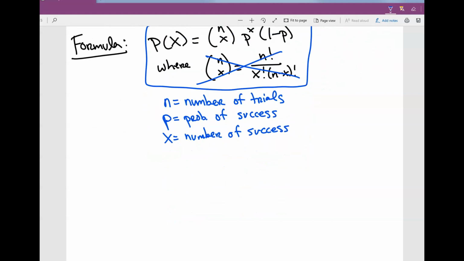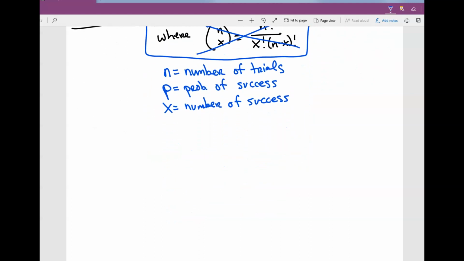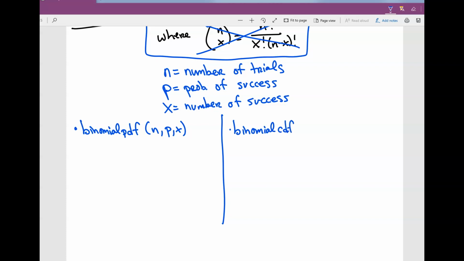So we're going to do an example. A couple of things to note, because there are two functions that we're going to be looking at. The first one is binomial PDF. You're going to have an n, p, and x. The other one is binomial CDF. Same thing, n, p, and x.